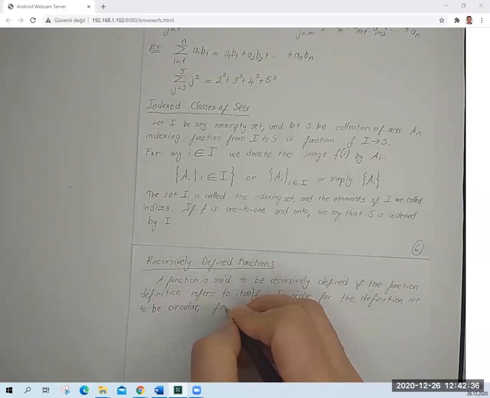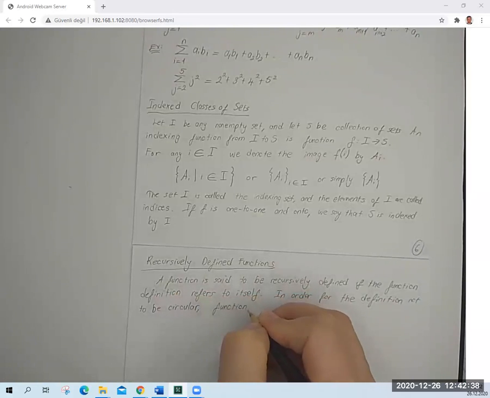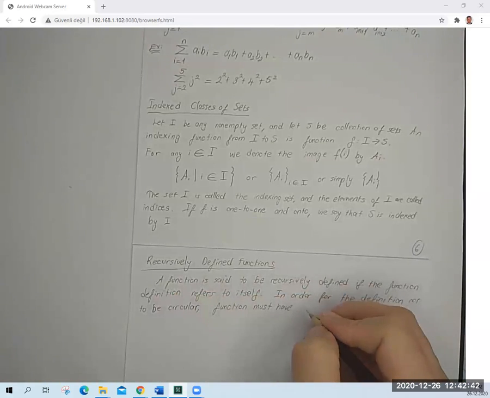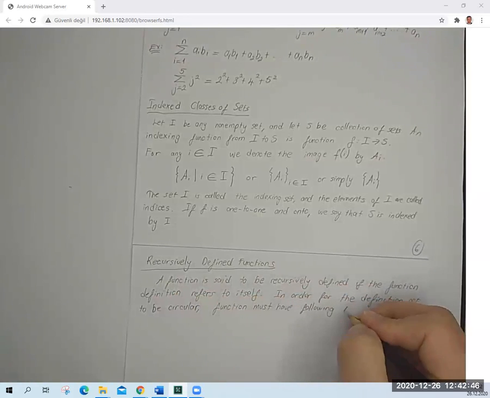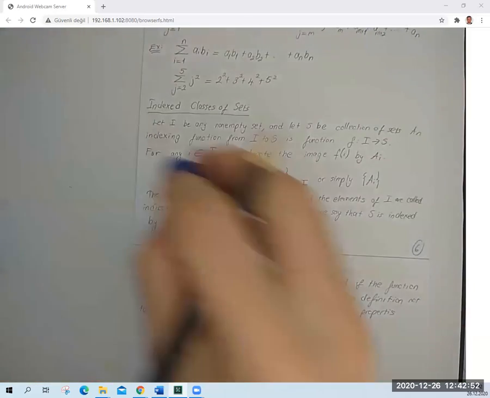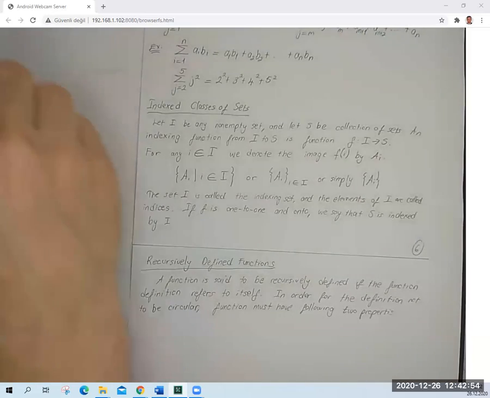the function must have the following two properties. What are those properties?